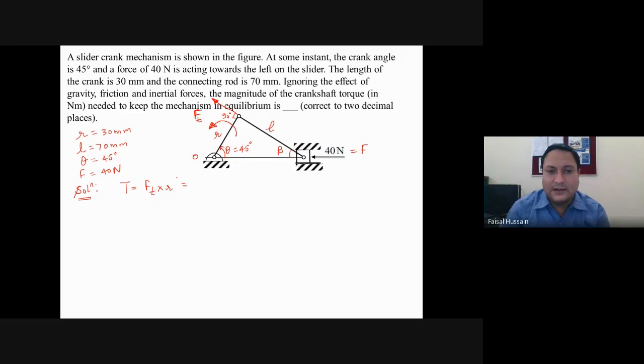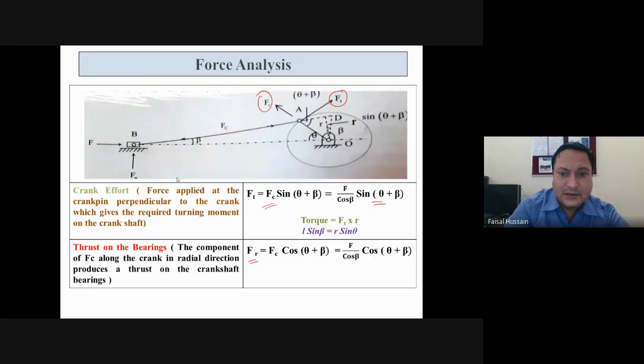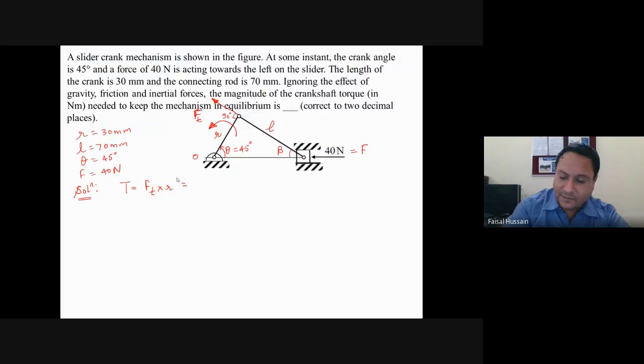Now, what is Ft? Ft is the thrust. So see here, Ft is F upon cos beta sine theta plus beta.